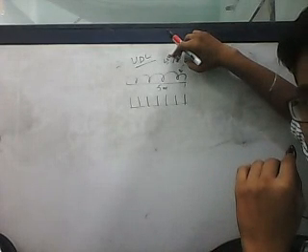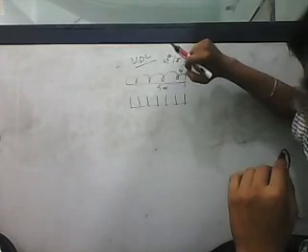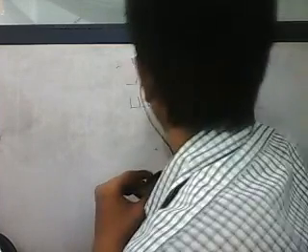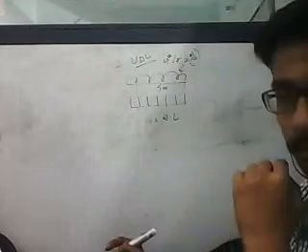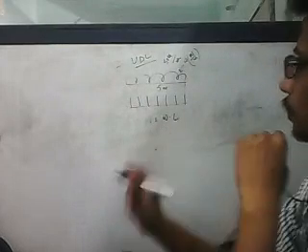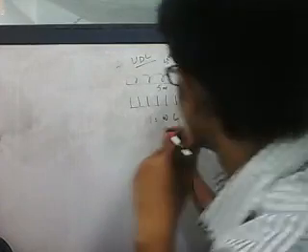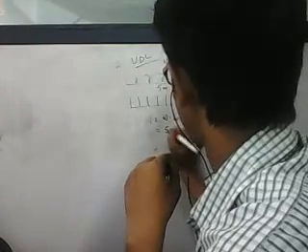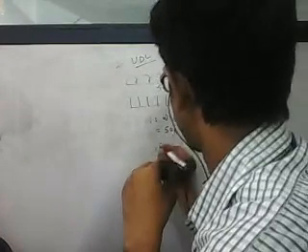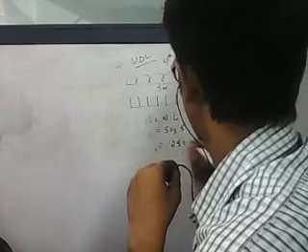That means the whole loading, capital W, is small w into length. Small w is 50 Newton per meter, and the length is 5 meters. That means 250 Newton.